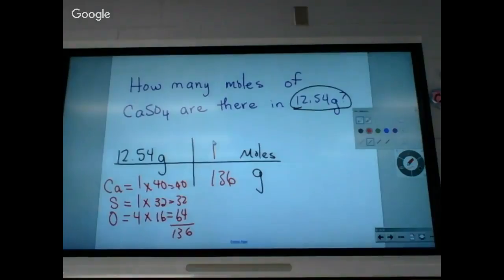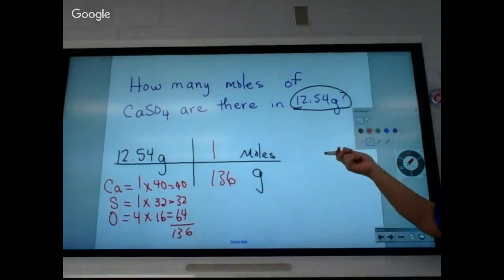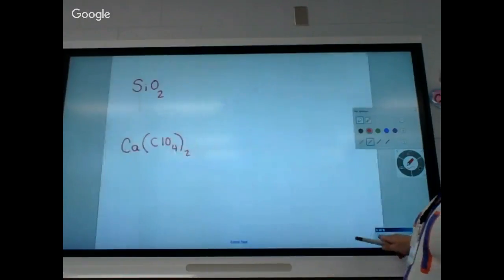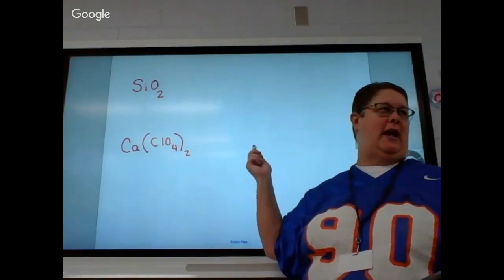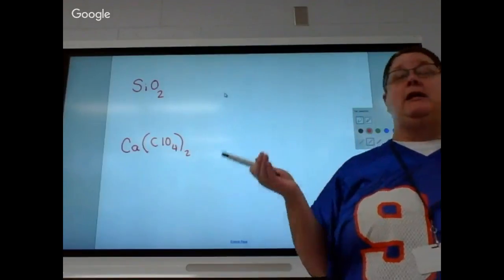12.54 divided by 136. Now, when I get this answer, this is different than formula mass because what I give you in the question this time is a number. So what do I have to have here? The right number of significant digits. If I cruise back to this question, did I give you any numbers? Didn't matter how many significant digits you had because I didn't give you any numbers. You could have had 5, 4, or 3, it didn't matter.